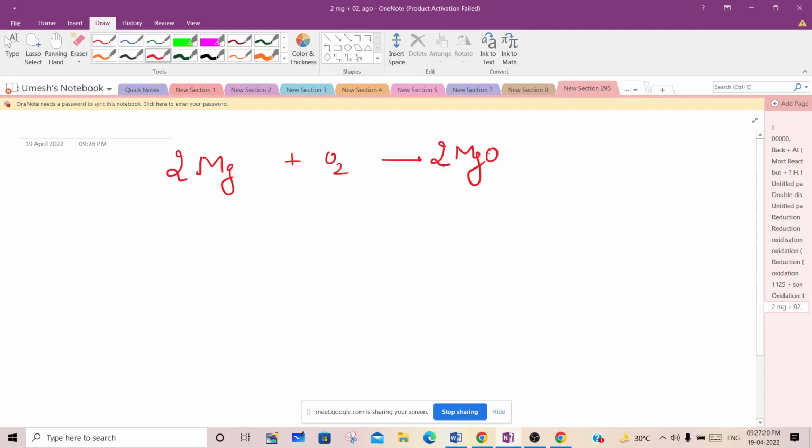Now, what is happening here? What is happening with the magnesium? Oxidation or reduction? It's combining, it is oxidation. Oxidation. Right. We have discussed the combination reaction till now. We were done last time.